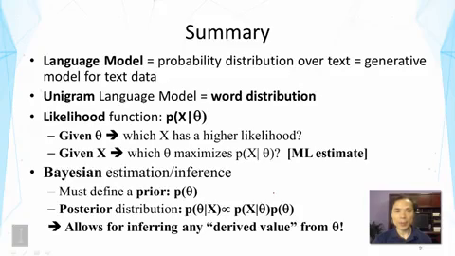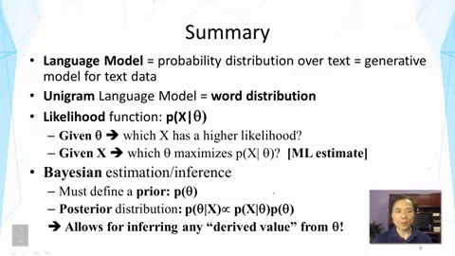Given a particular set of parameter values, it can tell us which data point has a higher likelihood, higher probability. Given a data sample x, we can use this function to determine which parameter values would maximize the probability of the observed data, and this is the maximum likelihood estimate.